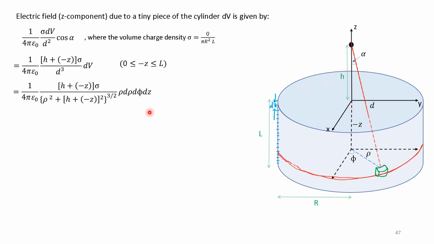Now I need to know this distance, and this distance is not just h. It's h plus this depth, and this depth is given by minus z, because I consider this point as 0, 0, 0.